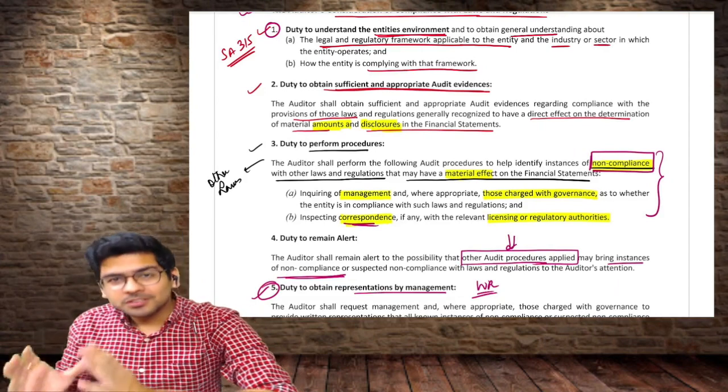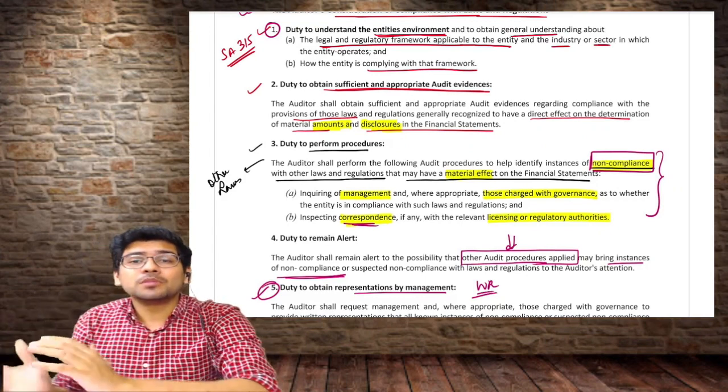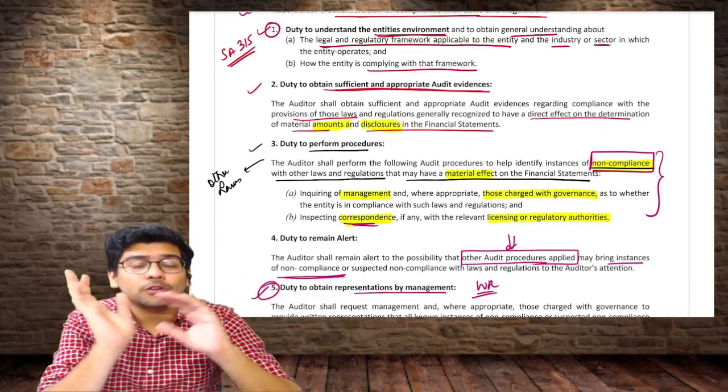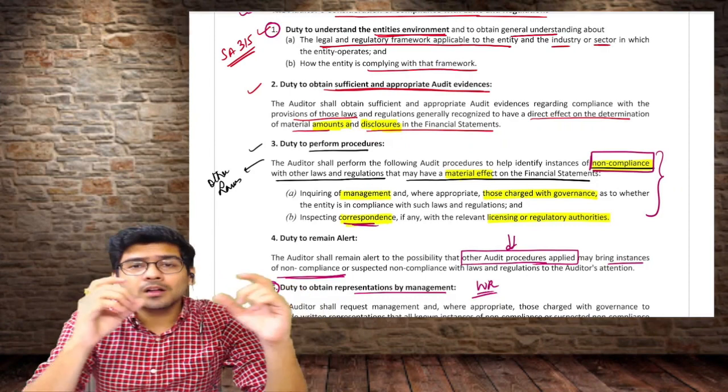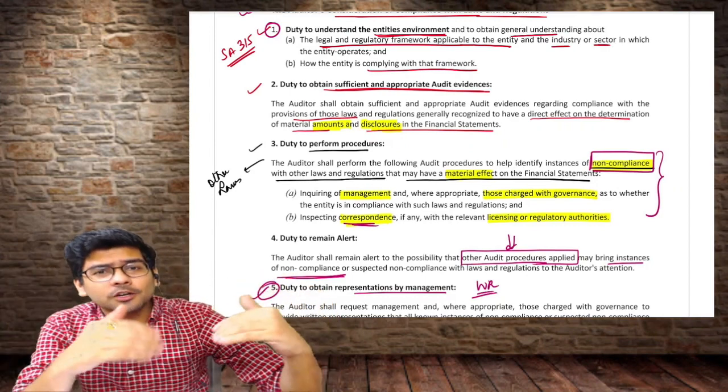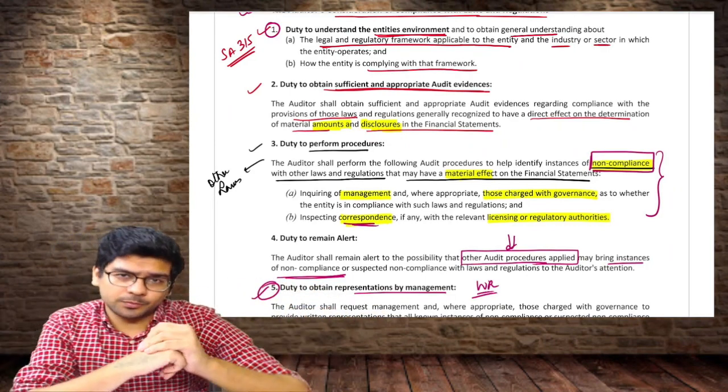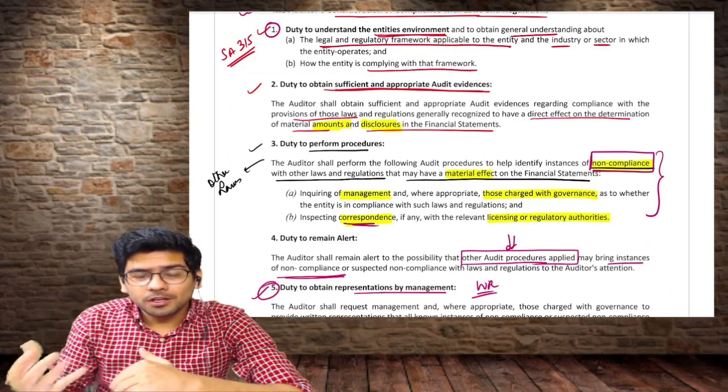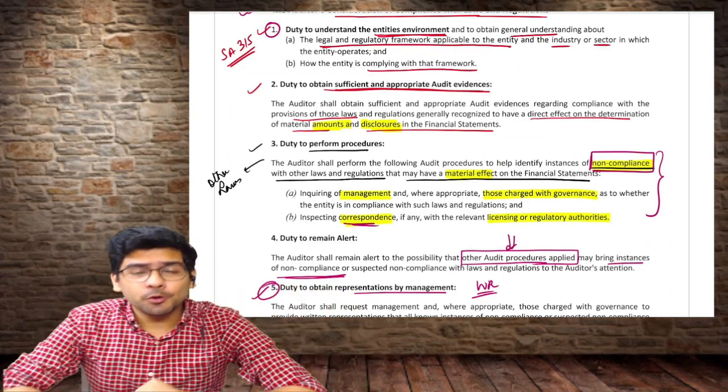So I'll request the management to make note of this aspect, or to revise the financial statements and incorporate it. If they don't do it, probably I'll have to modify my opinion.